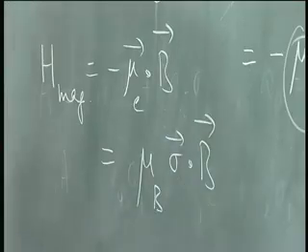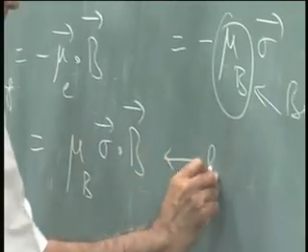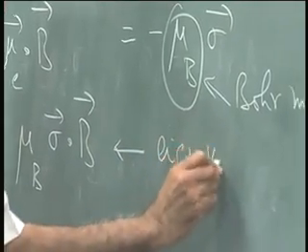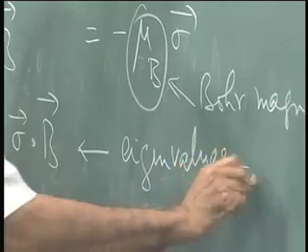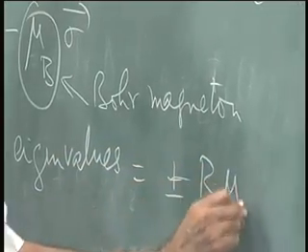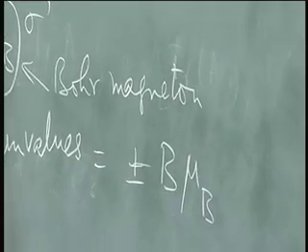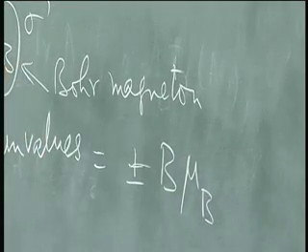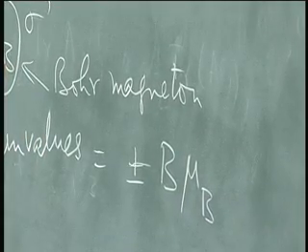So it is clear that the eigenvalues are equal to plus or minus B times mu Bohr magneton, where B is the magnitude of the magnetic field. Is this clear? Since we know that sigma dot any unit vector has eigenvalues plus or minus 1, that is it.